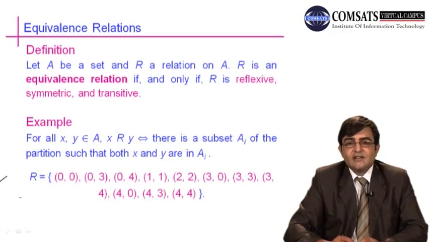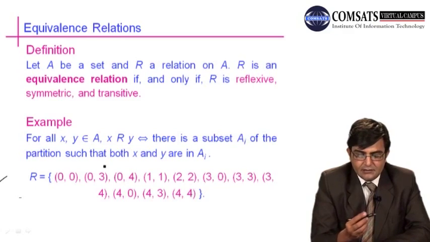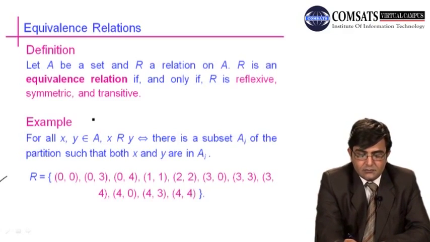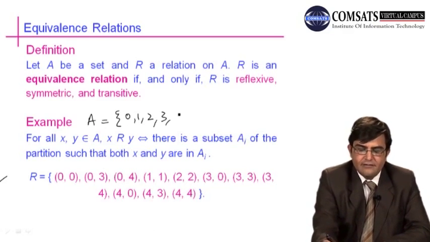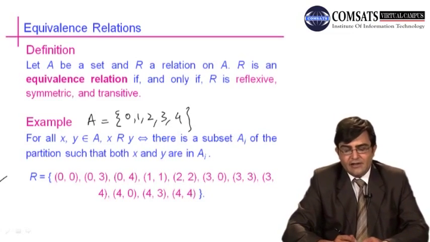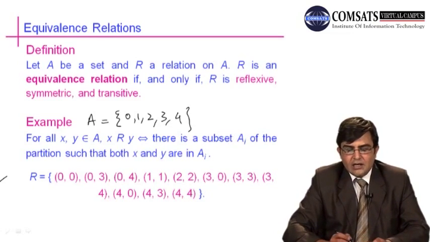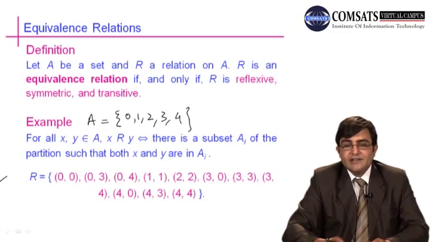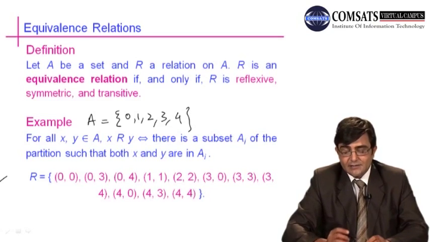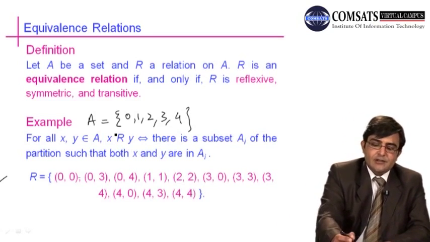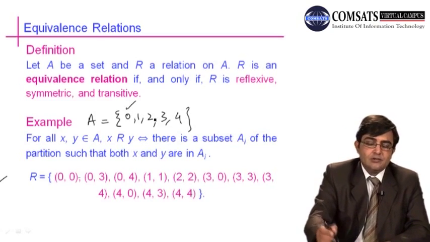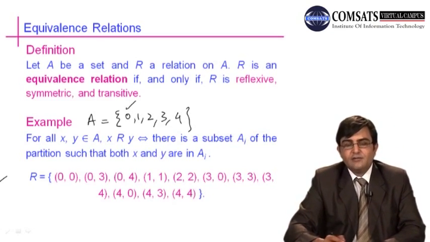Now we check whether this relation is an equivalence relation or not. First of all, A has the 5 elements 0, 1, 2, 3, 4. Now to check reflexivity, we check whether all these 5 elements are related to themselves: 0 is related to 0, 1 to 1, 2 to 2, 3 to 3, 4 to 4.